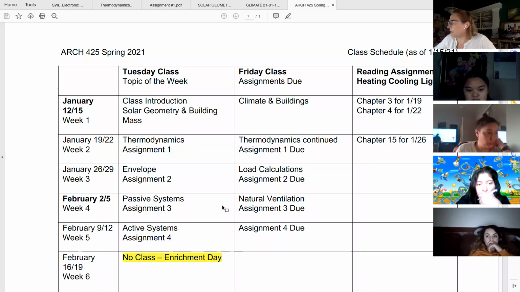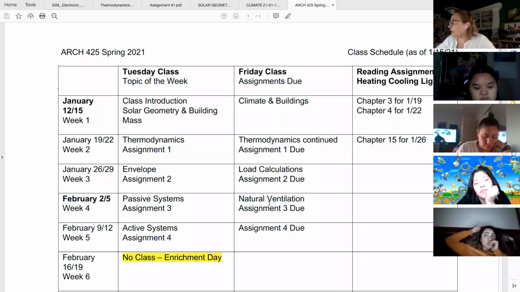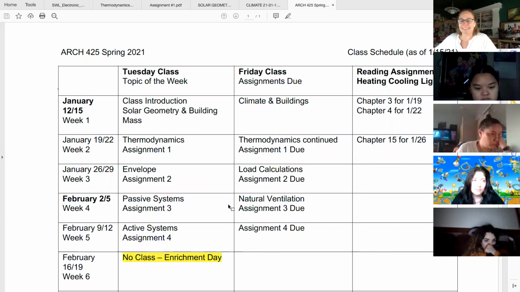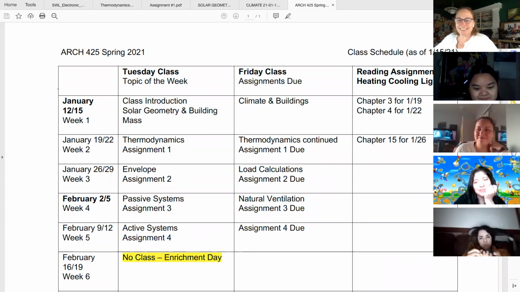And then we jump into the really fun stuff, which is the passive systems and natural ventilation. This is the stuff you have to learn, and this is how you get to be creative, because that's why you're all in architecture school.